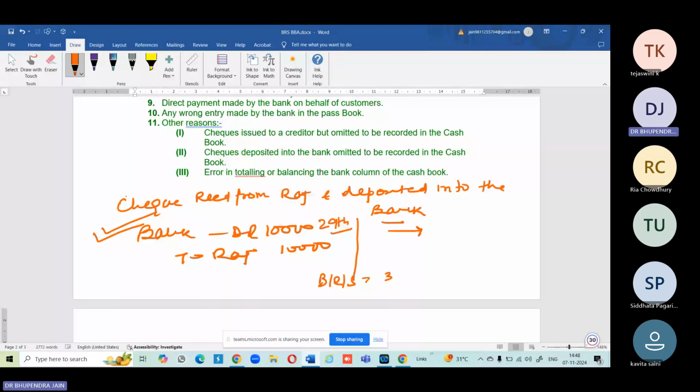But on 31st of October in the evening, the check has not been presented or cleared by the bank. So you have increased the bank balance in your cash book, but the bank didn't increase your balance. So this is the reason for the mismatch between the balance as per bank account and the balance as per passbook.